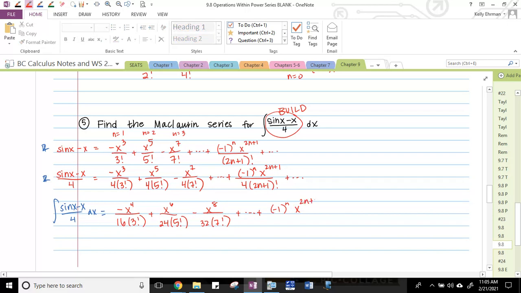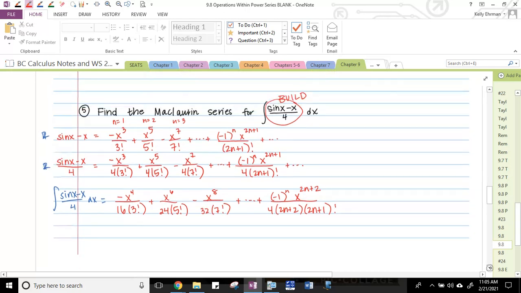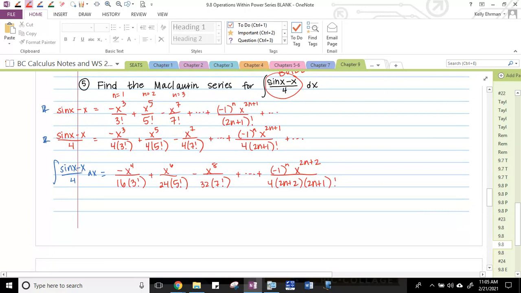So now it's 2n plus 2. And we were taking that 2n plus 2 power and putting it down here. There was already a 4 down there. Now there's a 2n plus 2. And now there's a 2n plus 1 factorial. All right, so what is that? 2n plus 2 times 2n plus 1 is just 2n plus 2 factorial.